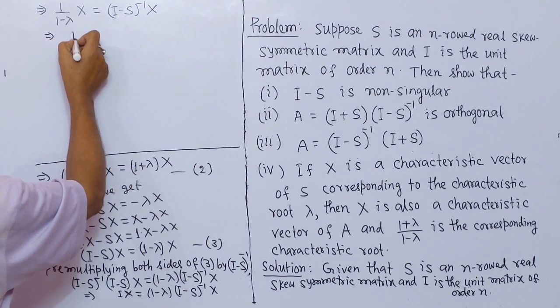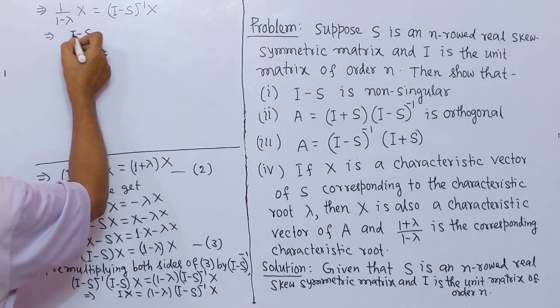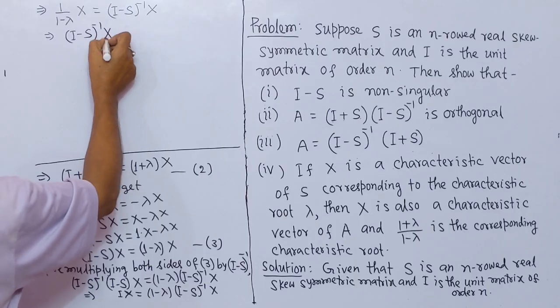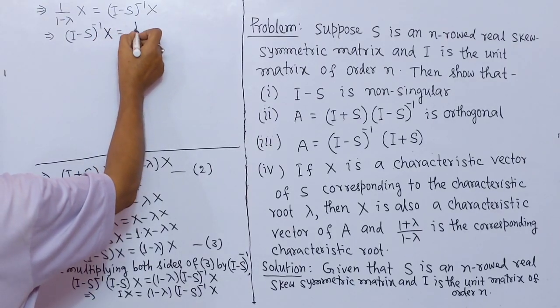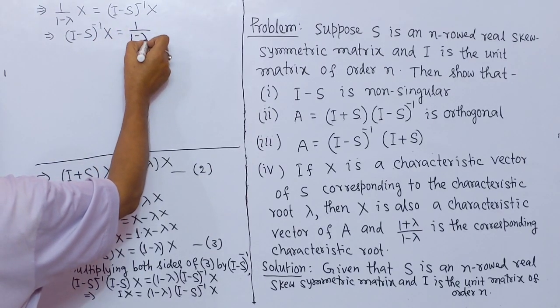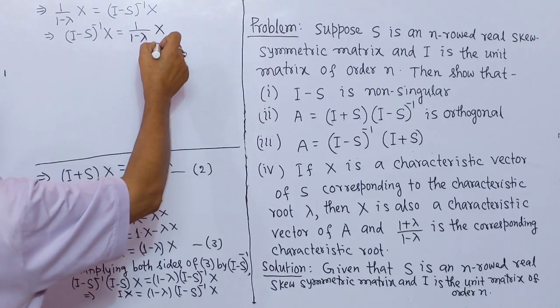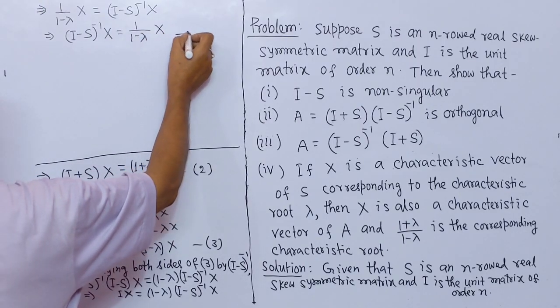It implies that (I minus S) whole inverse x equals 1 by (1 minus lambda) x. This is number 4.